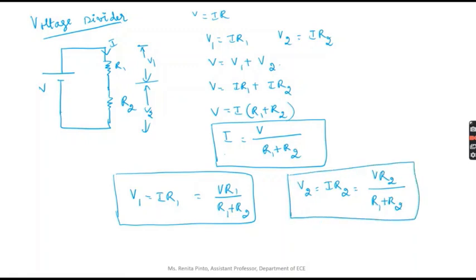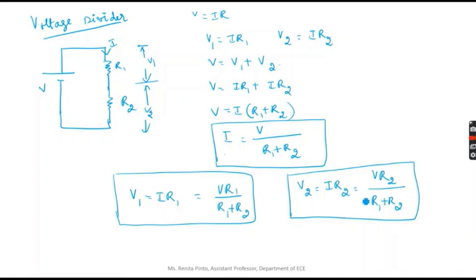So this is your voltage divider rule. V1 is equal to I into R1, equal to V into R1 divided by R1 plus R2. V2 is equal to V into R2 divided by R1 plus R2. So in the problems, whenever you have to find out V1 and V2, if you use these voltage divider equations, you can directly solve the problem within 1 or 2 steps.